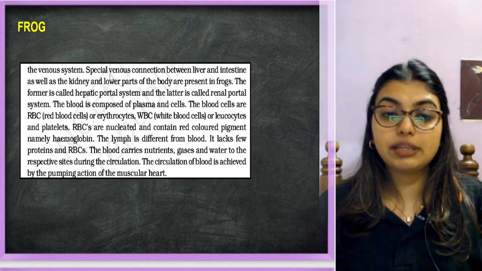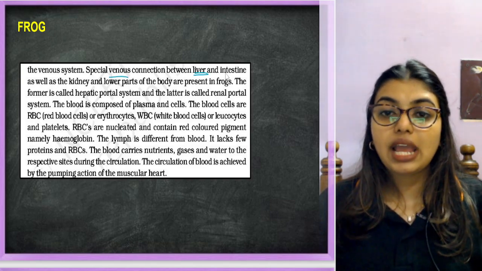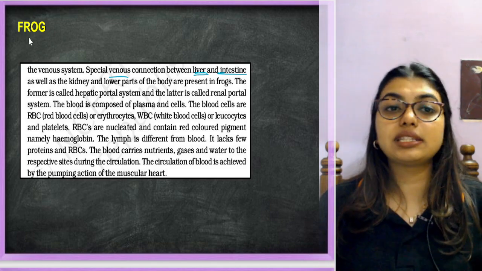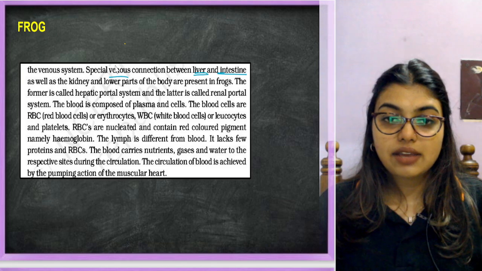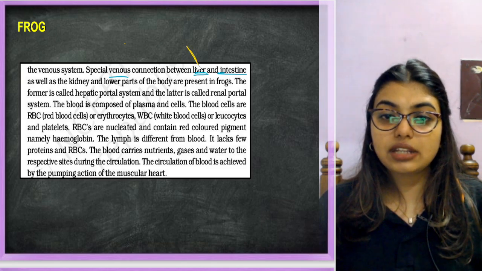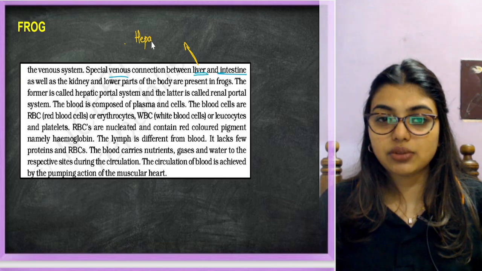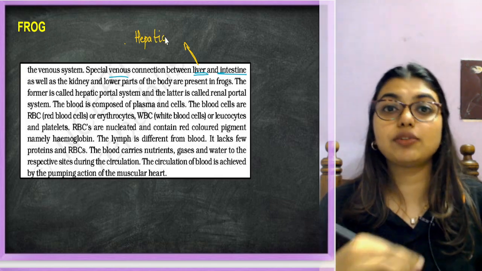Now, very important, a special venous connection between liver and intestine, as well as kidney and the lower part of the body, is present in frogs. Whenever something is connected with the liver, students, we use the word hepatic. Like that, whenever something is connected to lungs, we use pulmonary.